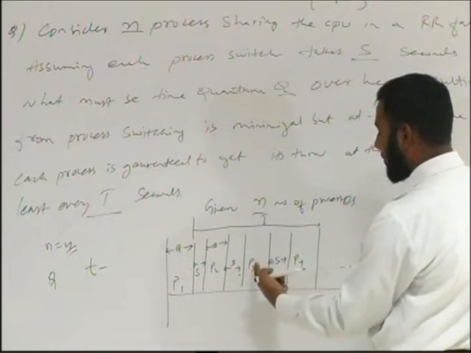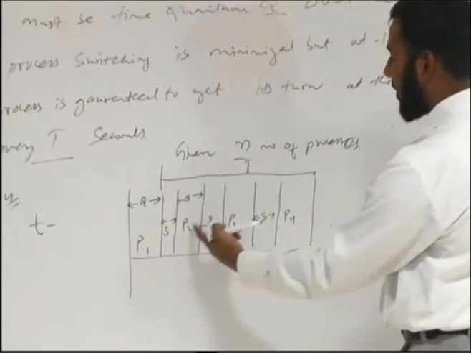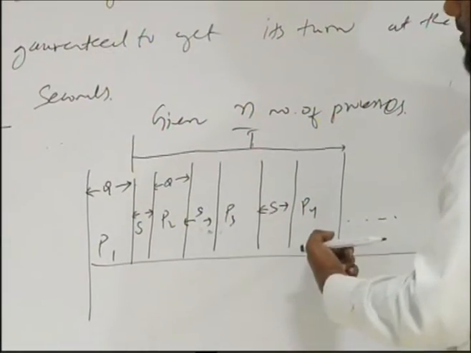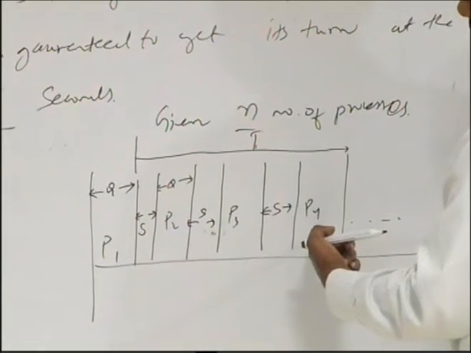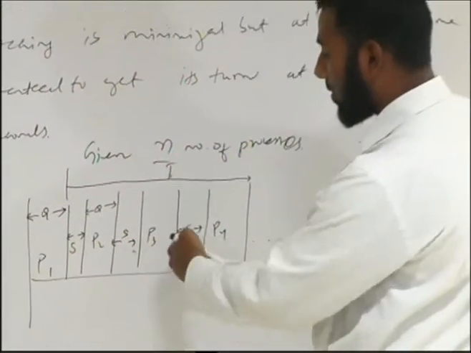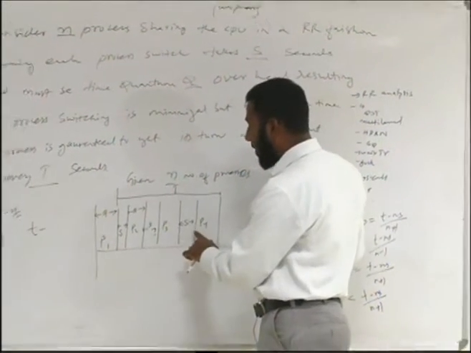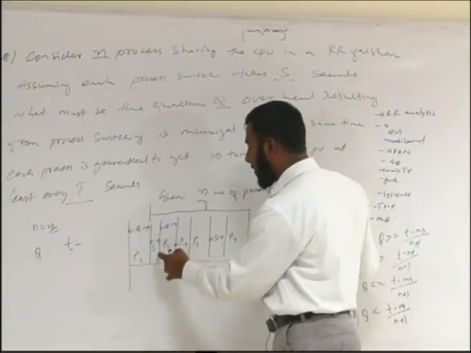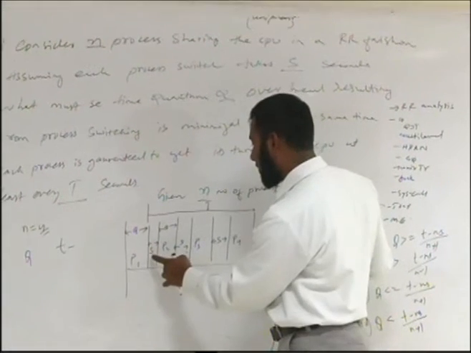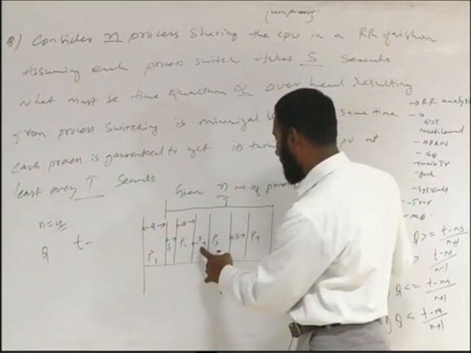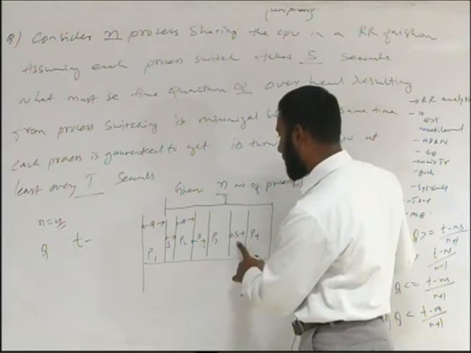Process 1, 2, 3, 4. 1, 2, 3. Only 3 processes are there. But I have to minimize the context switch overhead. There are 3 processes, but how many context switches are there? 1, 2, 3.